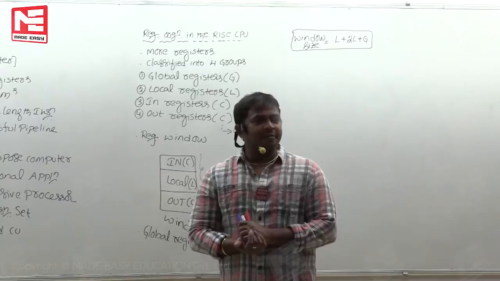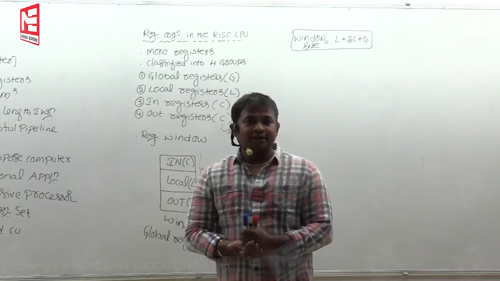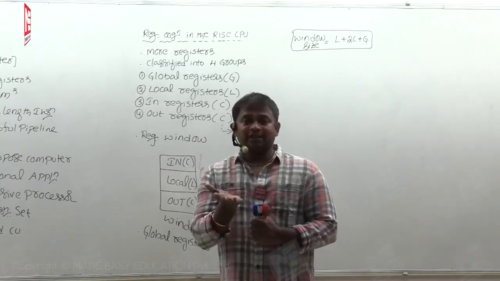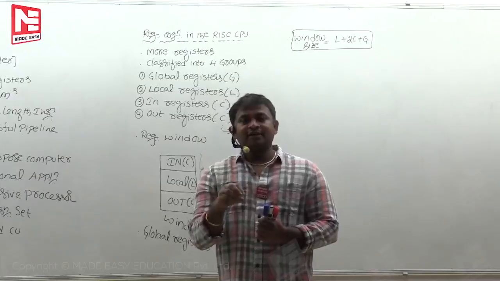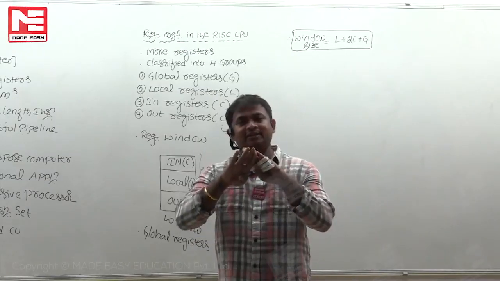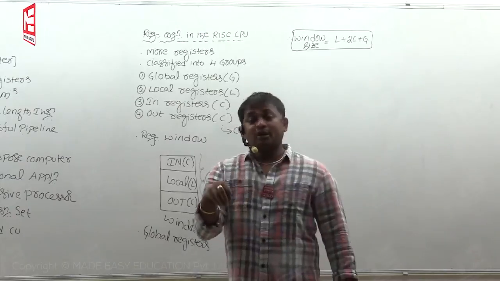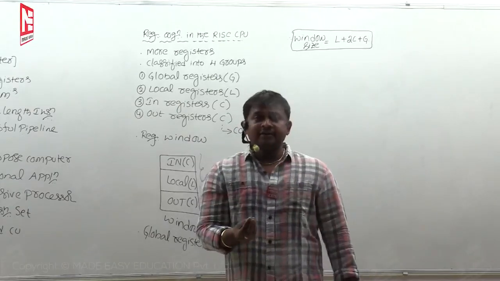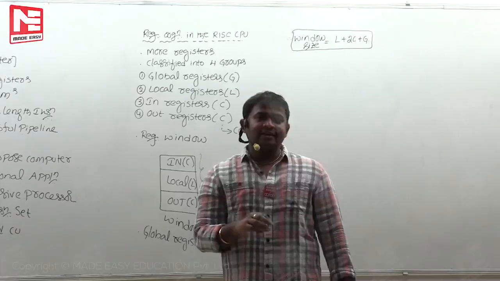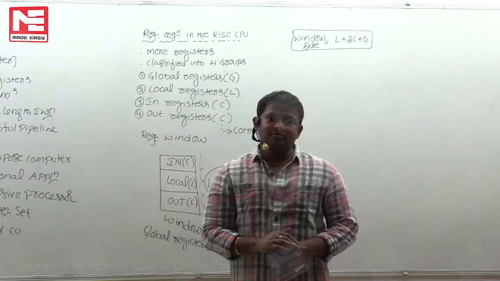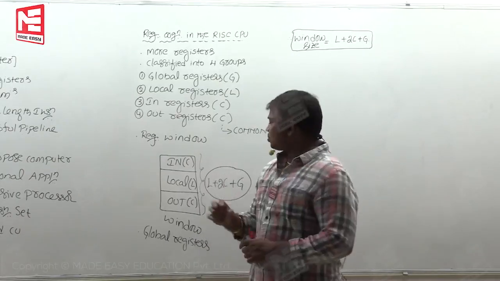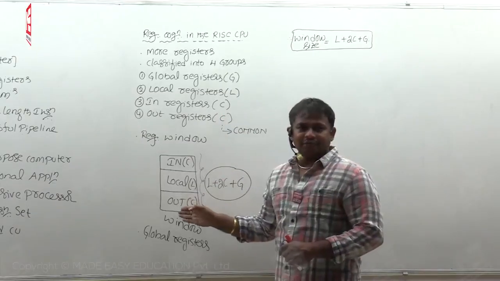Then we can examine every parameter. But here we are going to take the overview of the RISC structure. When we look at the overview, just the architecture details are present. How to use every parameter will be explained in detail in the organizational concepts. Is it okay? So we are taking just the architecture view.